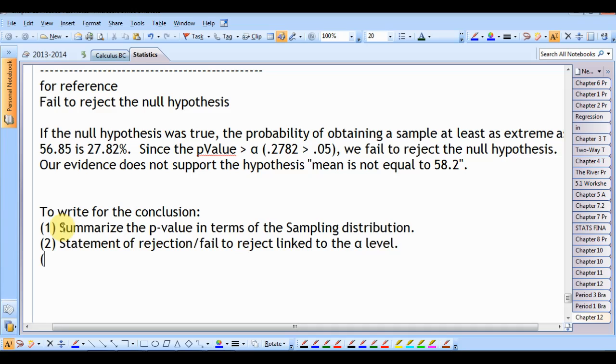Number three, evidence supports or does not support the alternative hypothesis.